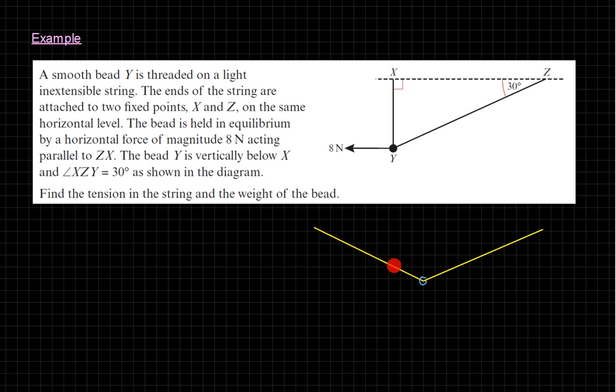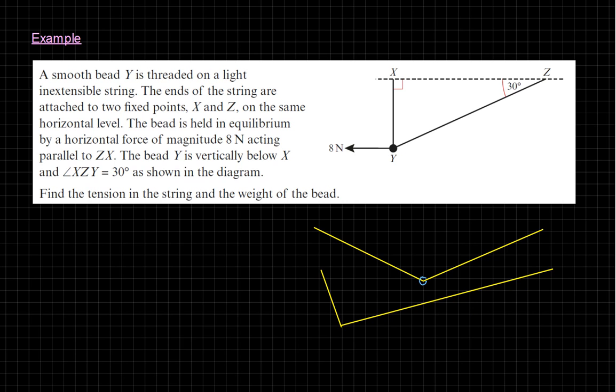That's what you might expect if you just hung a string between 2 points at the same height and dangled the bead on it, right? But the point is then this force comes along, this 8 newtons, and it's effectively pushing this bead over to the left. So it looks less like what I've drawn there, and it looks more like something like this, for example, right?